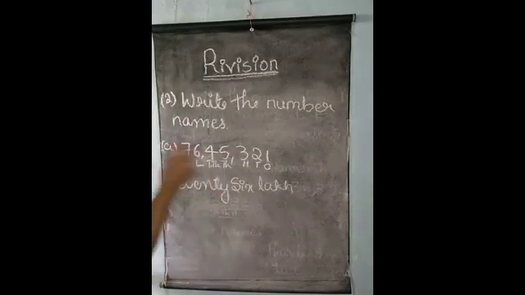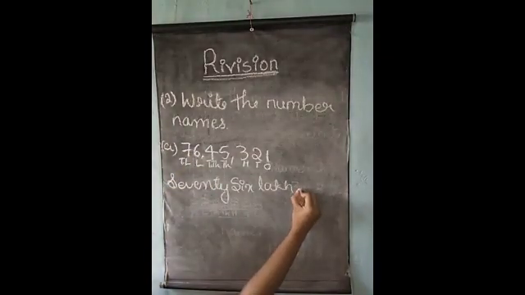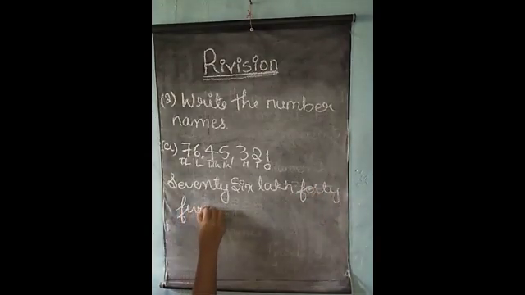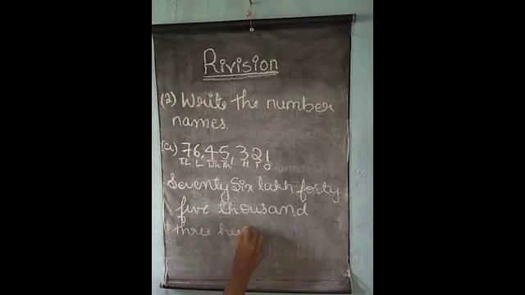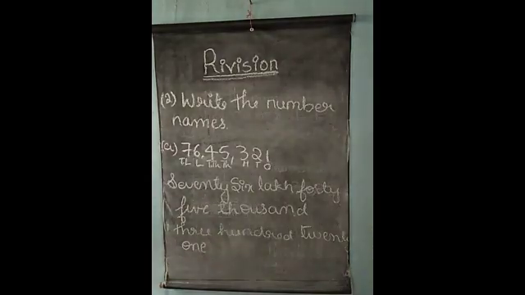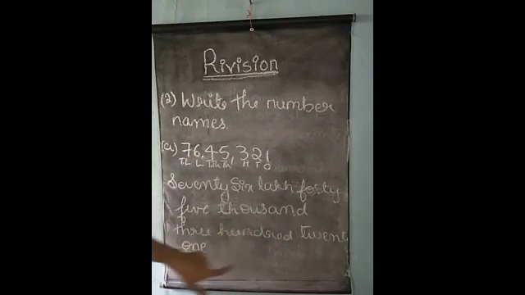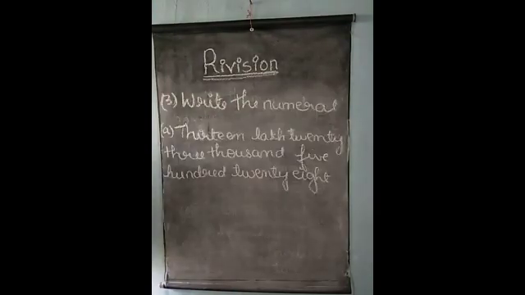So we call it 45,000. 45,300. 21. What is the answer? 76,45,321.